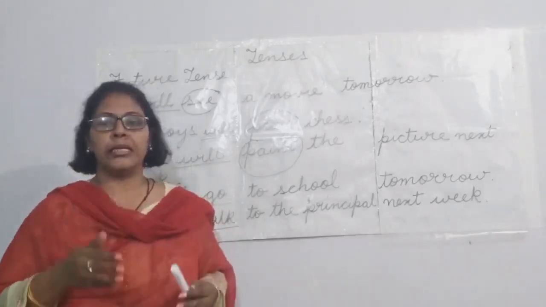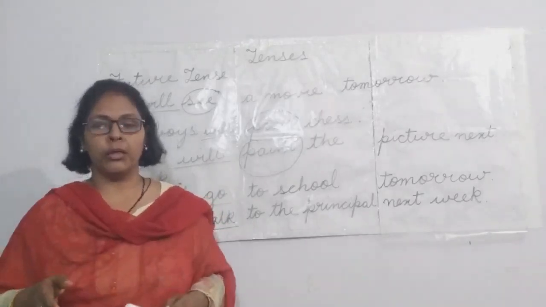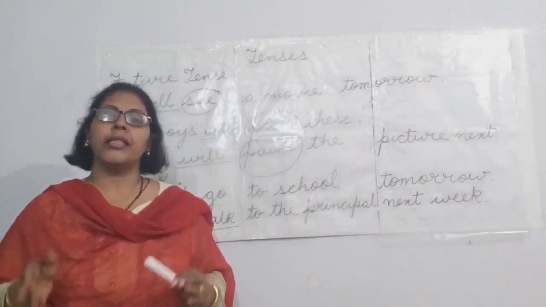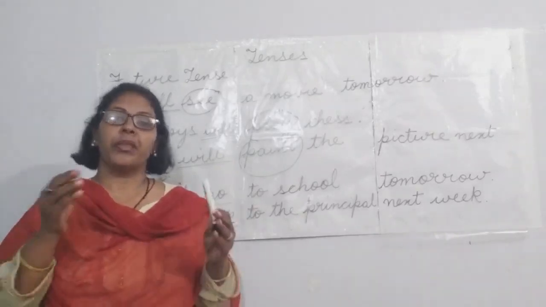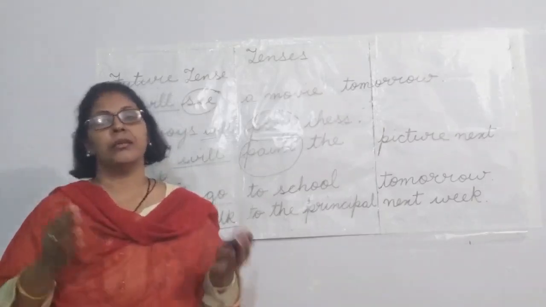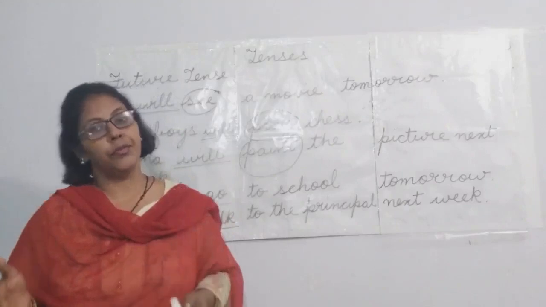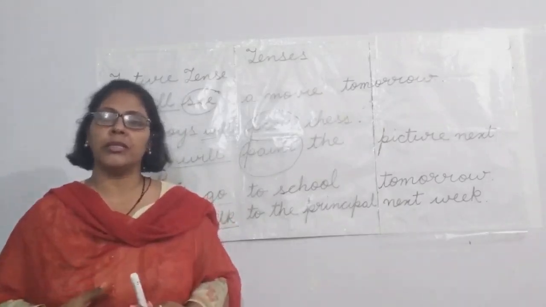Am, is, are, was, were, has and have. Okay. Then we have the tenses. That is we have past tense. Then we have the present tense and the future tense. So I hope you have understood all about these tenses.